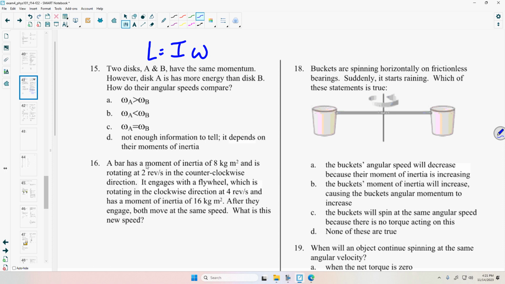A higher moment of inertia or a higher speed? Speed, right. The reason is that the kinetic energy is equal to 1/2 I omega squared. And so if the speed is bigger, then that affects the kinetic energy more. So these 2 disks, the one with the higher speed has the bigger energy. Let's see, so disk A has more energy, so A is the right answer.